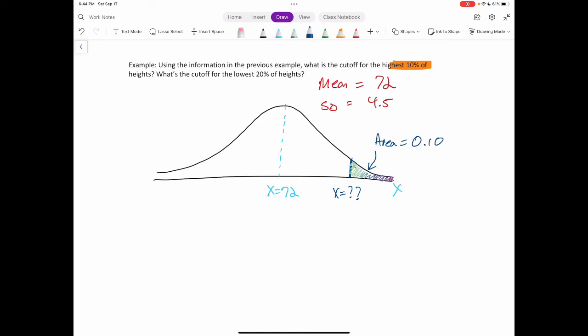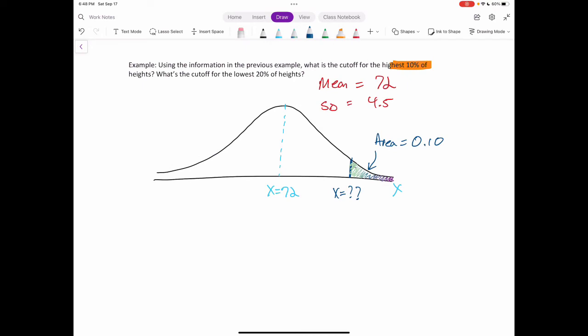So here's the trick on how you're going to do this one. What we're going to do is the z-score approach. We're going to figure out, first of all, what z-score has an area to the right of it of 10%. That's what we have to find out.